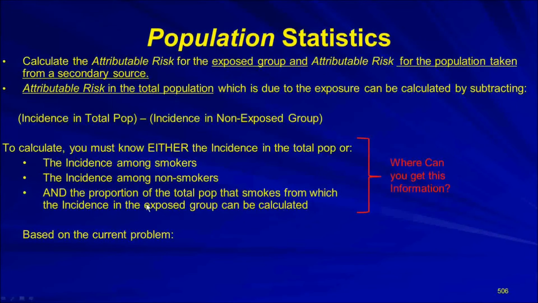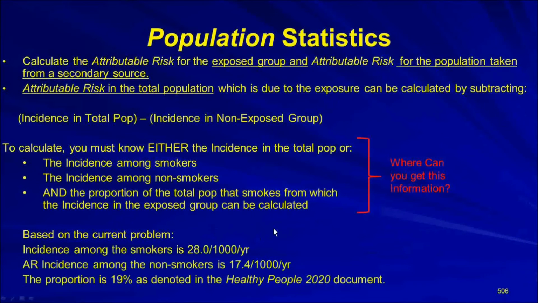Well, we know this, right? This is what we got from the secondary source, and we talked about where we can get this information. We went over that table pretty thoroughly, and you can go back and look at it. And based on our current information, we really do know all of this.